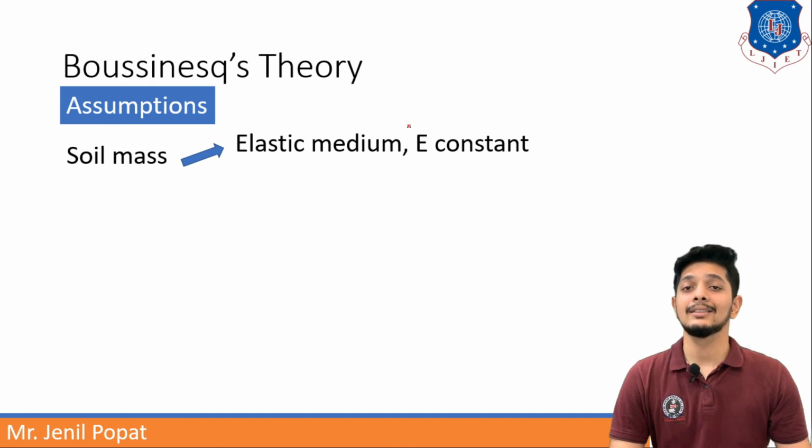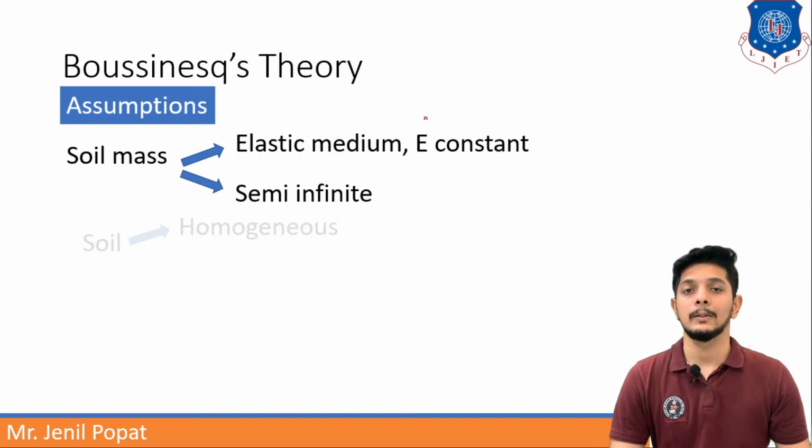Soil mass is assumed as an elastic medium, not a plastic medium. Soil mass is further assumed as semi-infinite. It is not infinite, it is semi-infinite, so we can measure the depth of soil everywhere. We are assuming this.